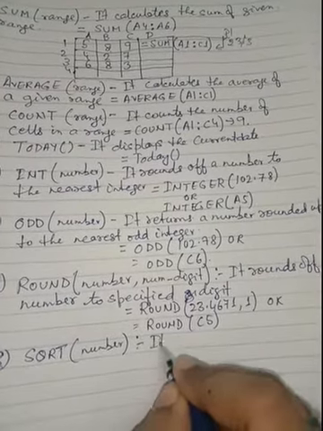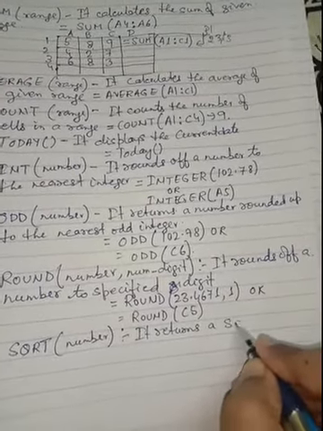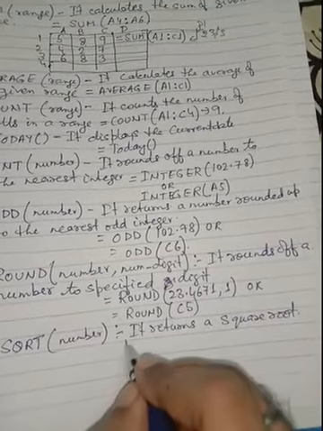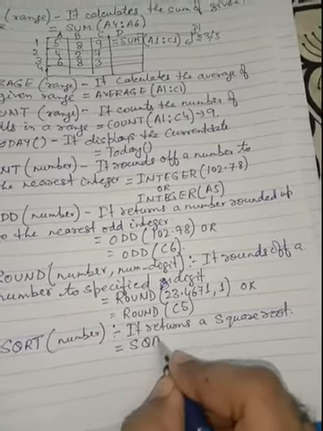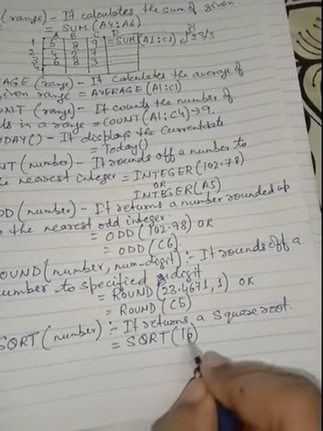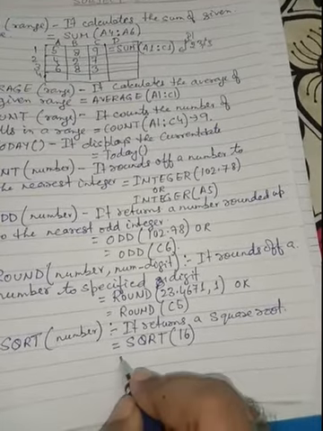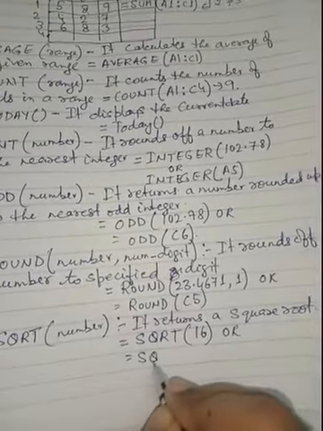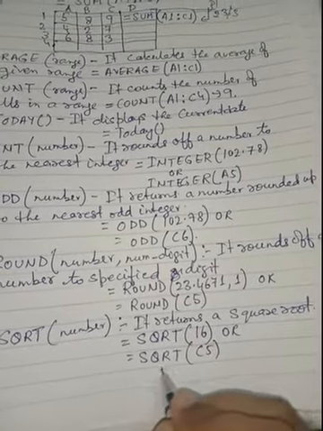Example: equal to SQRT. Suppose I have written 16 over here, so it will find the square root of 16, that is 4, and the 4 will be available for us. Or we can write SQRT and a particular cell address that will contain a value whose square root will be found.